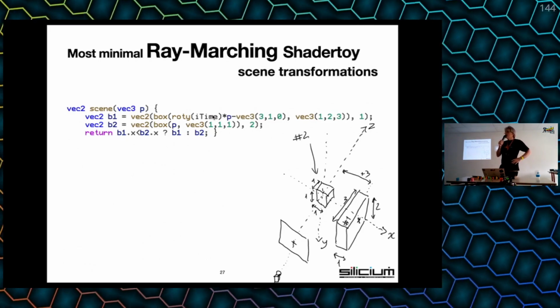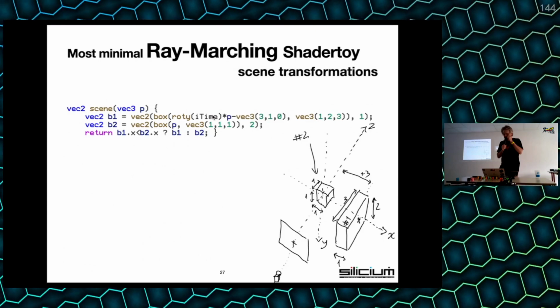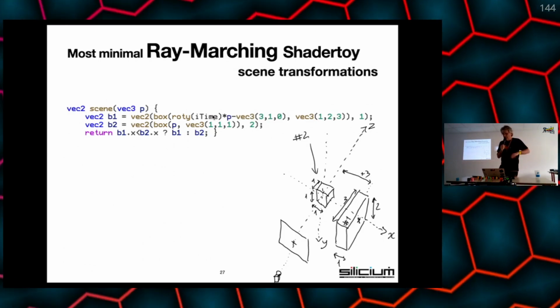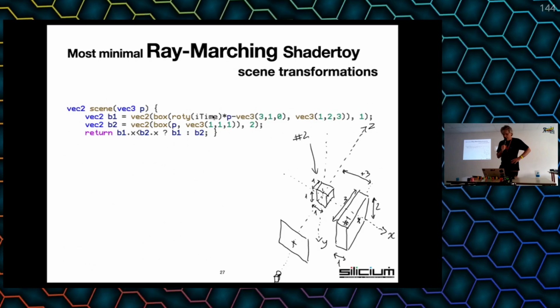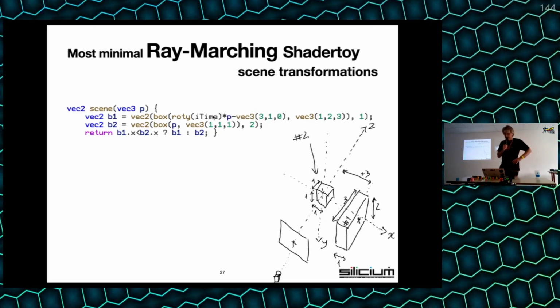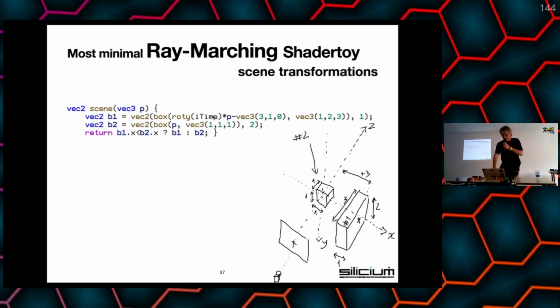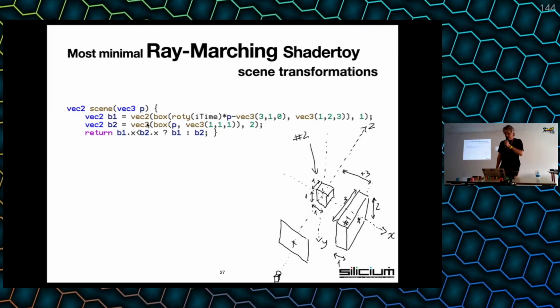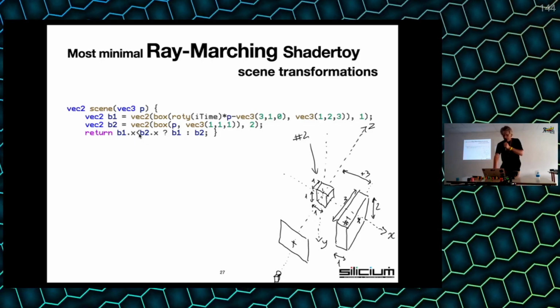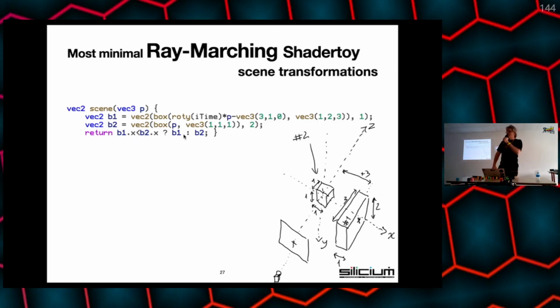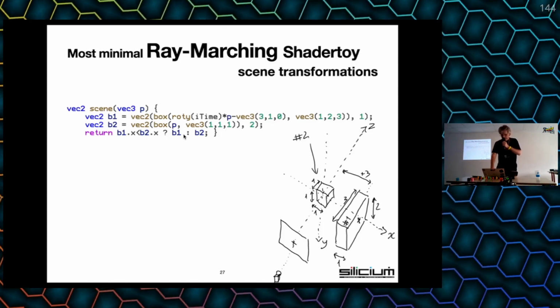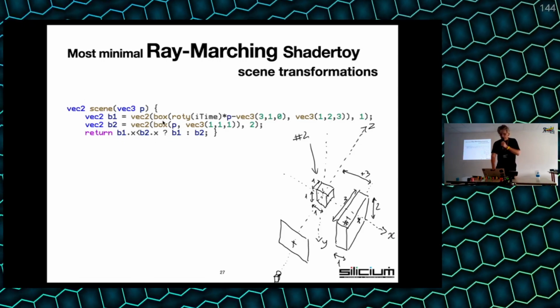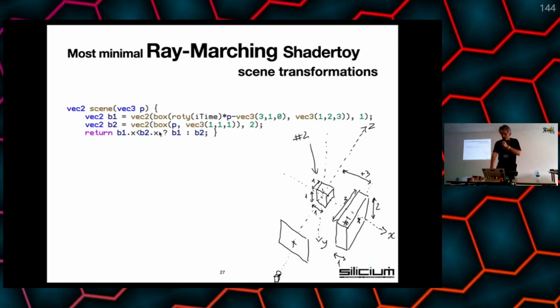So by transforming it through a rotation, I will not go through what the rotation does, but this is the same thing as in any geometry that has been done for 30 or 40 years. And all we do is compute the sign distance function for each of those boxes, and we just check which is closest. This is our answer. That's all we have to do. So again, pretty much 1 line per object that we want to add in the scene.